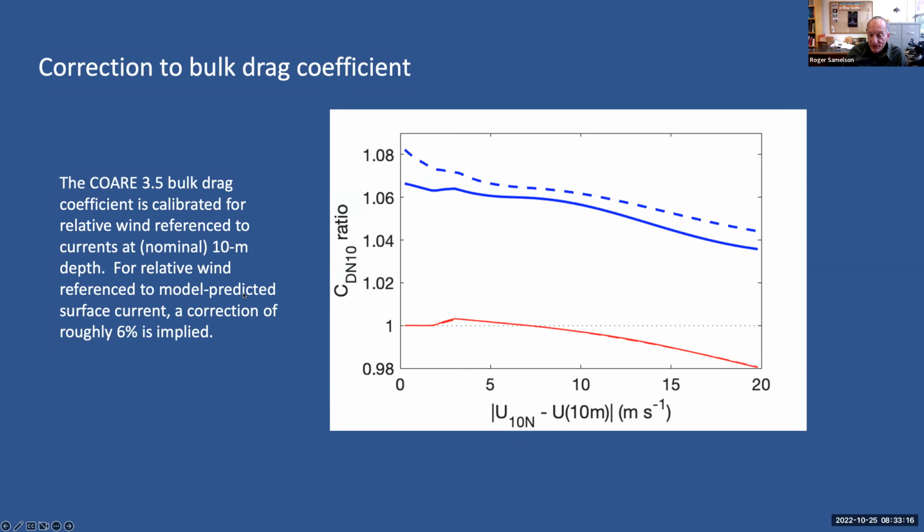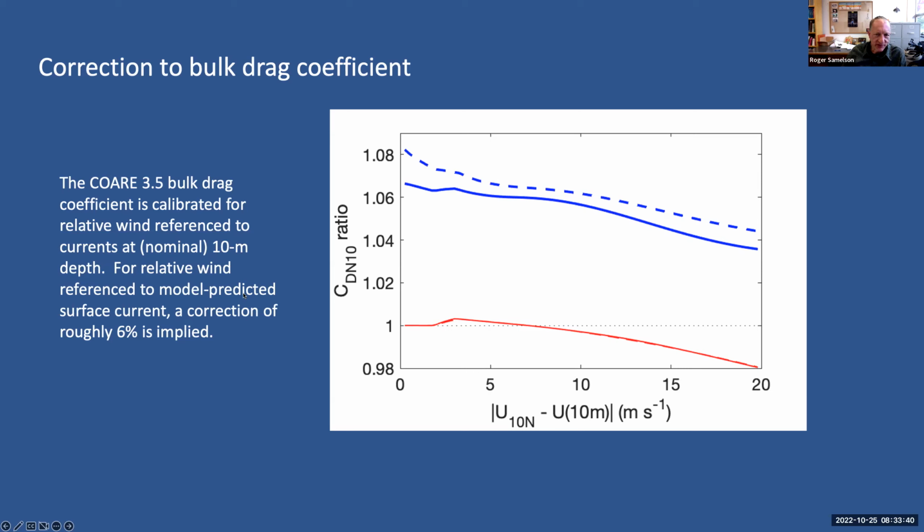Basically, if you have a wind drift that is 3% of the wind speed, and you reference the relative wind to the actual surface velocity rather than to the sort of nominal 10-meter depth at which surface currents were included to the extent they could be in the core calibration, you end up essentially reducing the drag coefficient by 6% since it's quadratic.